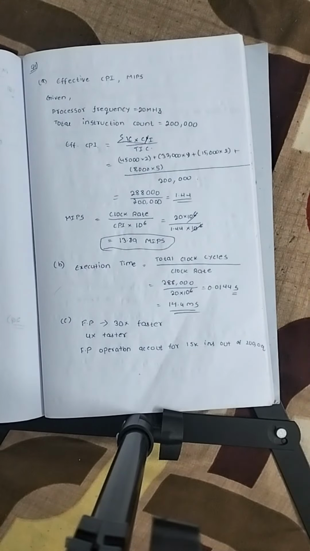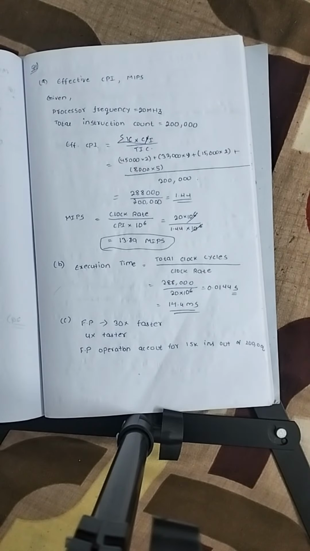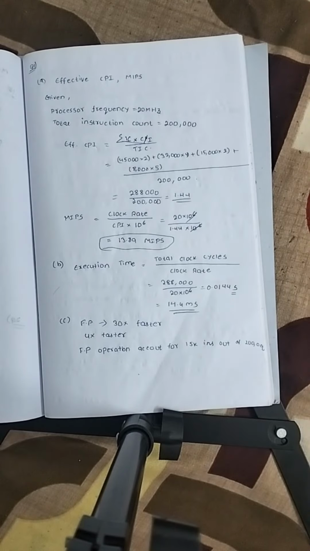The first question is, a benchmark program is run on a 20 megahertz processor. So the frequency of the processor is given. First of all, by reading the question, you should know what all the given terms are.